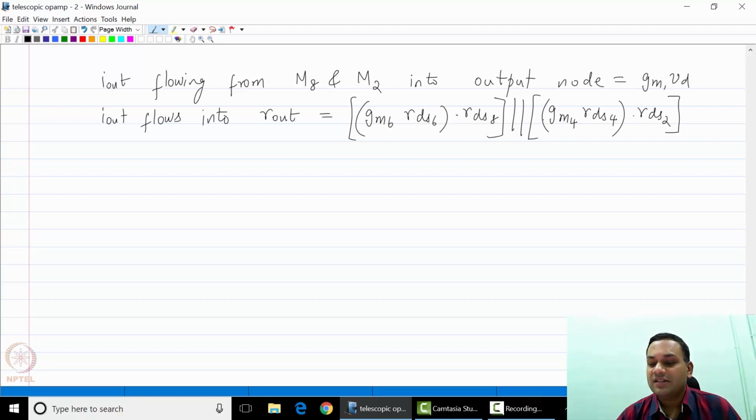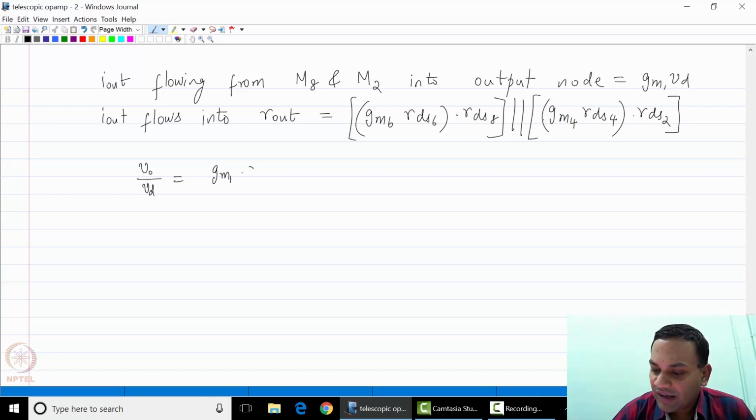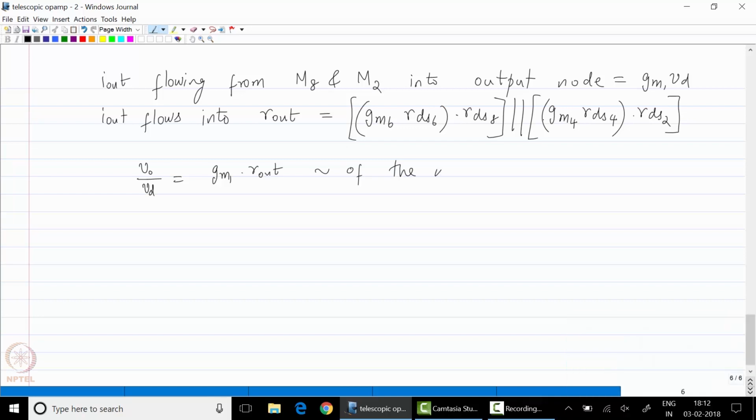So this output resistance of course gets multiplied by Iout to give you Vout by Vd equal to gm1 times Rout. So the gain of the op amp is clearly of the order of the square of the intrinsic gain of one single device.